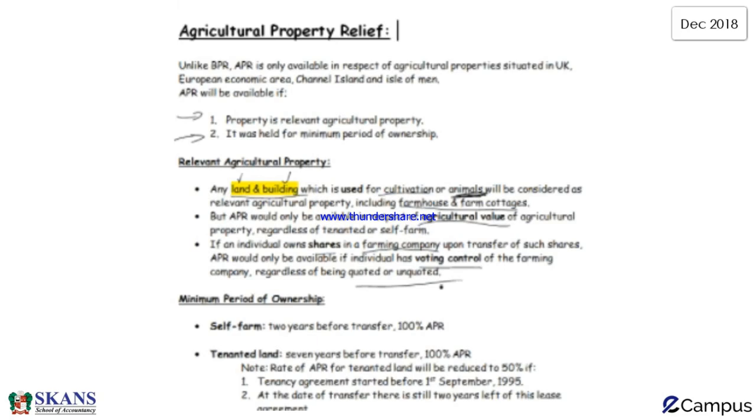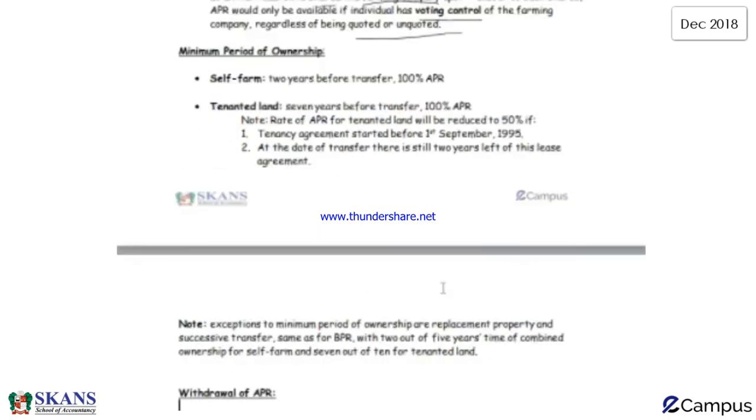But this covers what the relevant agricultural properties are, and now we have to consider what the minimum period of ownership is. Well, over here, we have to look into whether we are self-farming those farms which our client is transferring, or these farms are tenanted by our client and he does not do self-farming. By the way, if your client is doing self-farming, the percentage of APR is 100% of agricultural value, and the minimum period of ownership is 2 years.